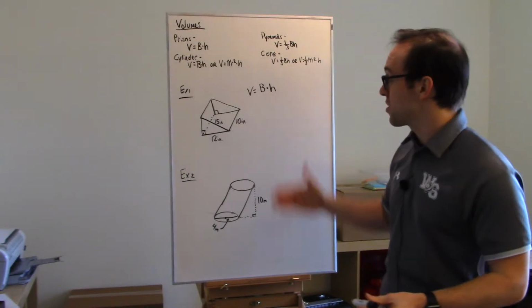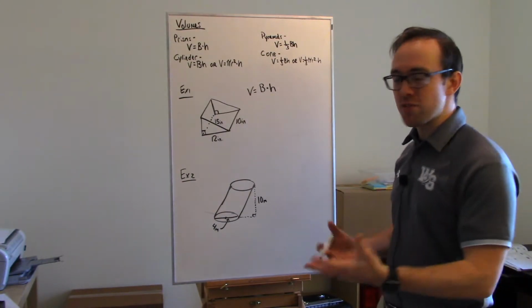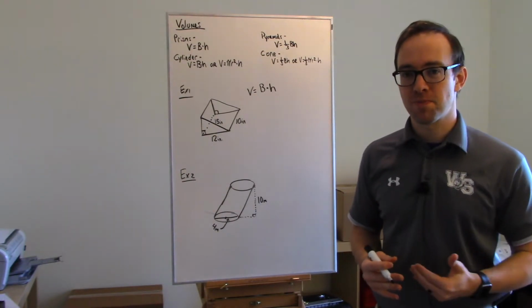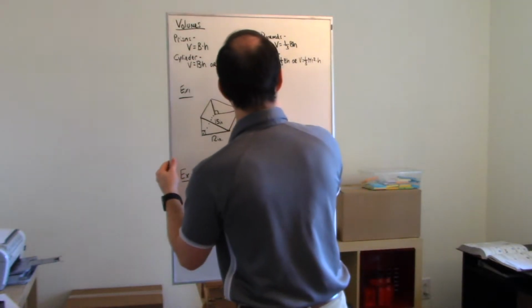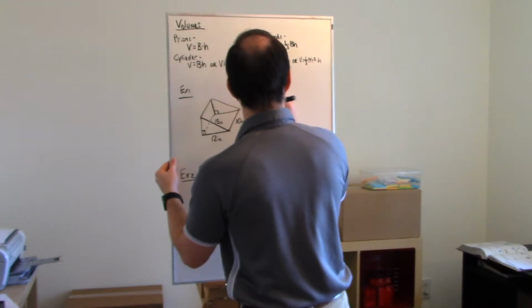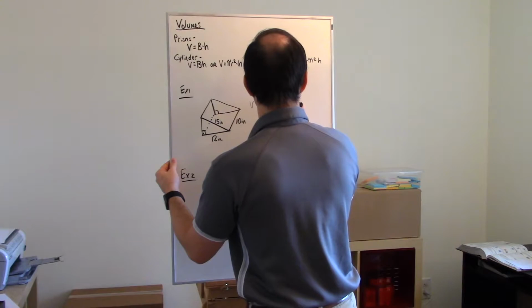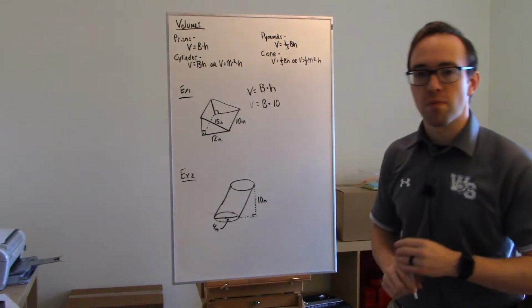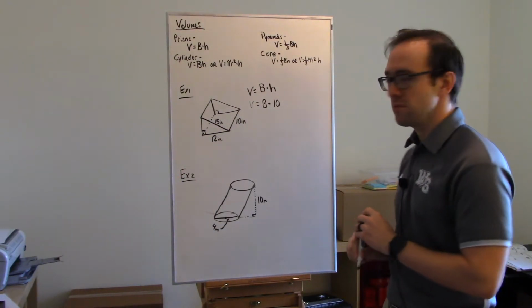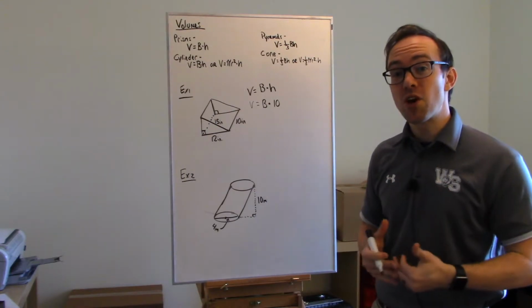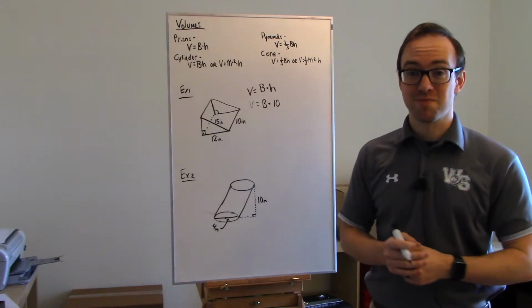Based on what is given to us, we already have the height. The height of this prism is 10 inches. What we need to go in and find is the area of the base.